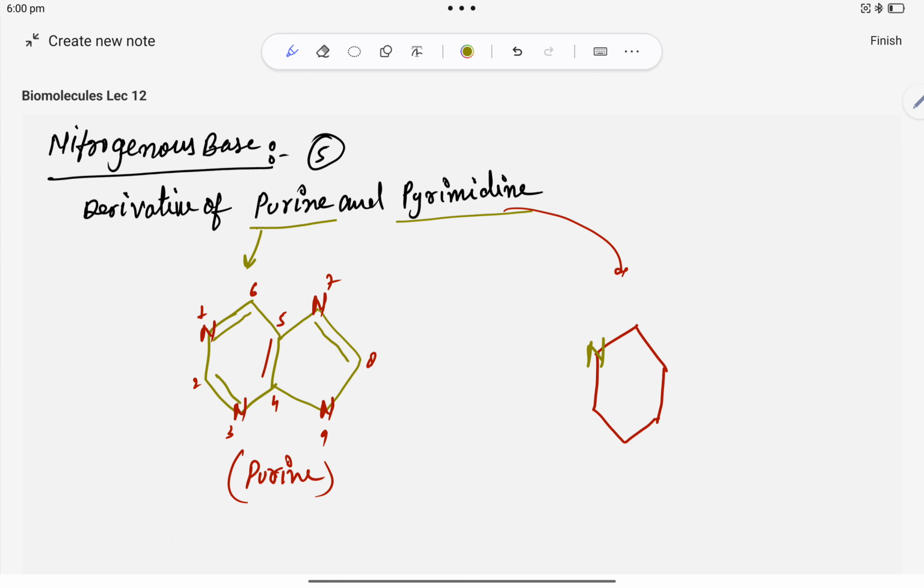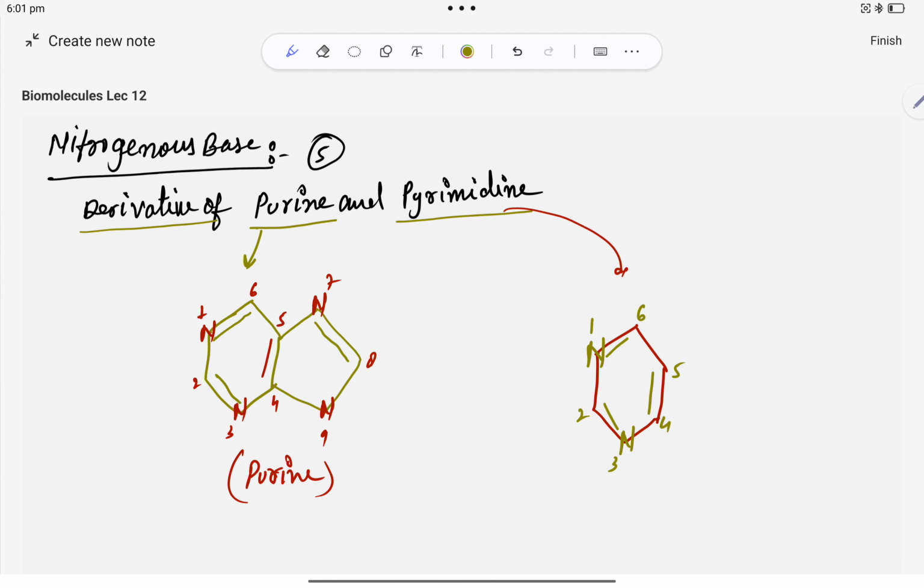One nitrogen here and one nitrogen here, and alternate double bonds. 1, 2, 3, 4, 5, 6. Okay. So these are the structures of purine and pyrimidine. From the purine and pyrimidine, we'll get nitrogenous base derivatives. They are the derivatives, not purine and pyrimidine. They are not nitrogenous bases. From there we can derive. Okay, so check it once.